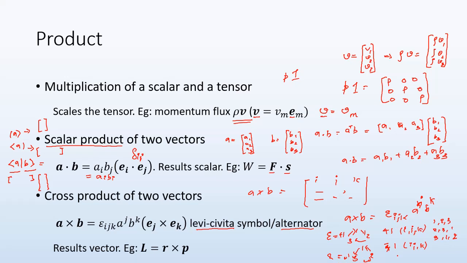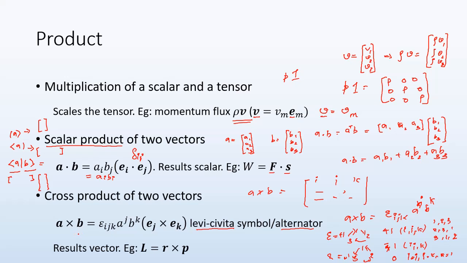If any of these are equal, that is epsilon will give you 0 if i equals j or j equals k or k equals i. If any of these are equal, then this alternator will give you a value 0. This is also a tensor, and it is similar to the Kronecker delta tensor we have already learned about, another type of tensor called the alternator.